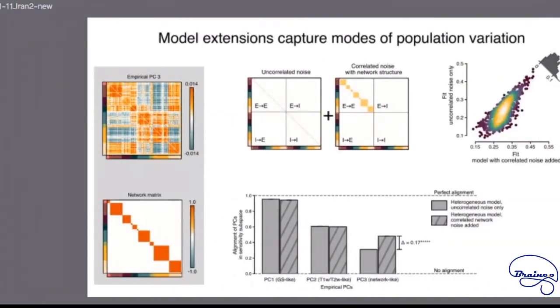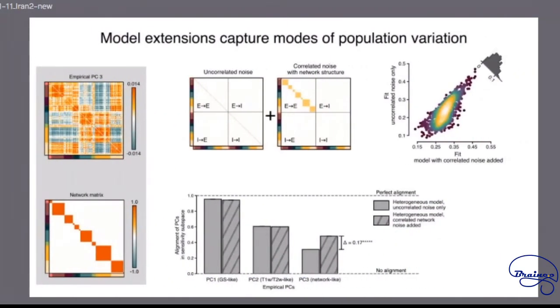Okay, so can we take it one step further? Can we use that same logic to tell us what would be a useful future expansion of the model? For that, we can look at principal component 3, where we saw that the pattern looks like functional networks. The idea is that we can introduce another parameter into our large-scale model, which controls structured input, so common input to different nodes.